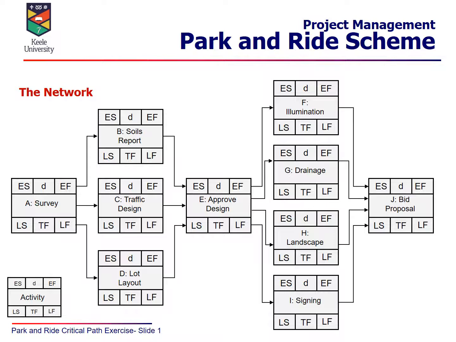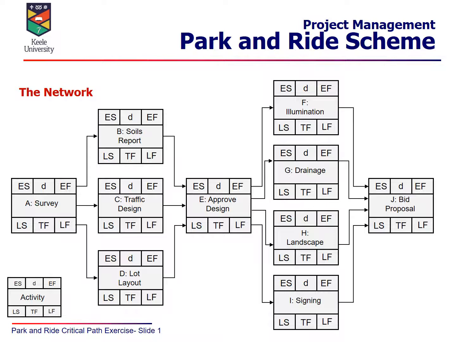This is where we're actually writing up the bid proposal for the park and ride scheme. The bid proposal can only be written and produced once you have completed those 4 activities. So it all comes together into a final activity, which is pulling it all together into the bid proposal.